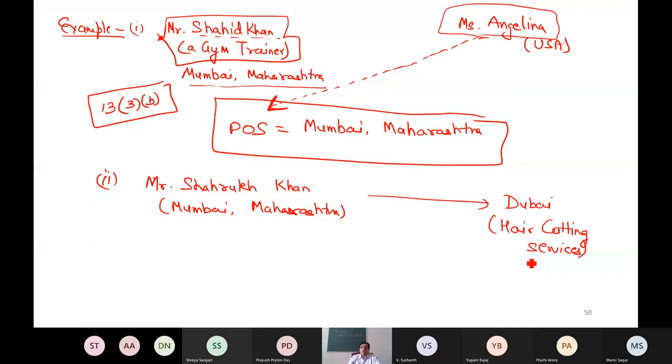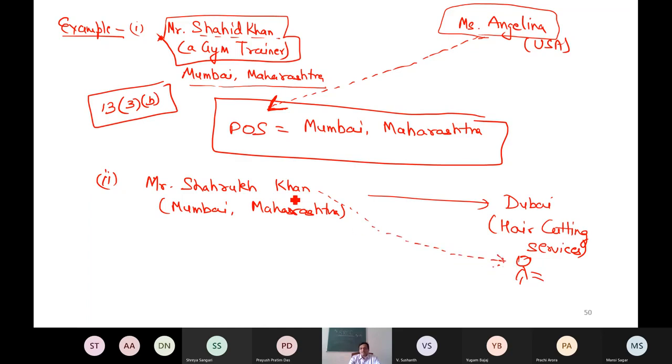Now, Shah Rukh Khan has to be physically present with the person who is in Dubai. Only then can the hair cutting services be provided, otherwise not.